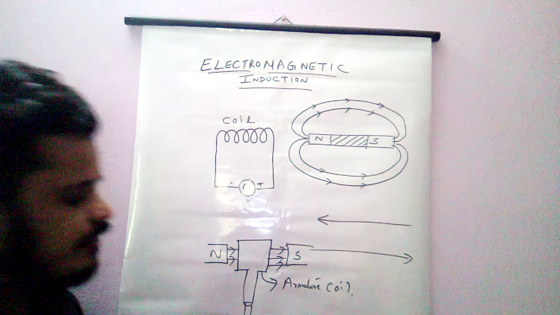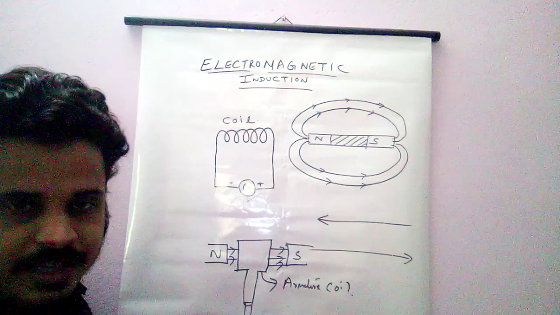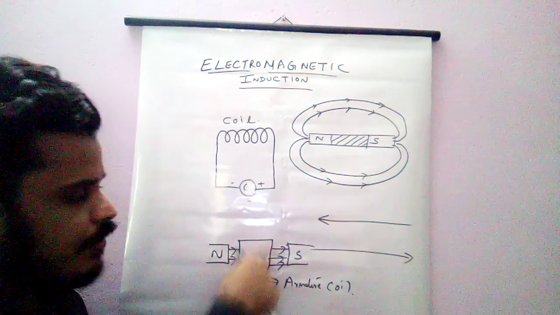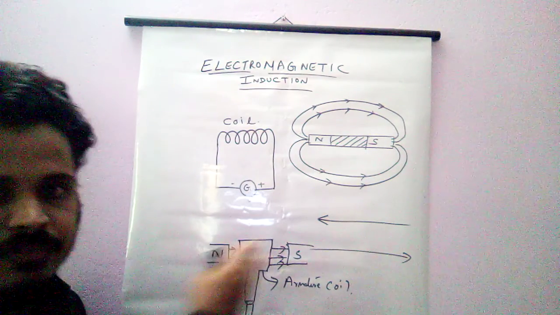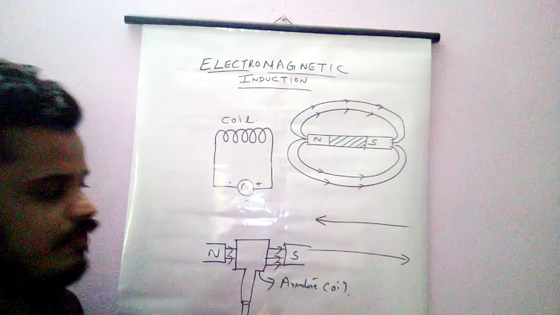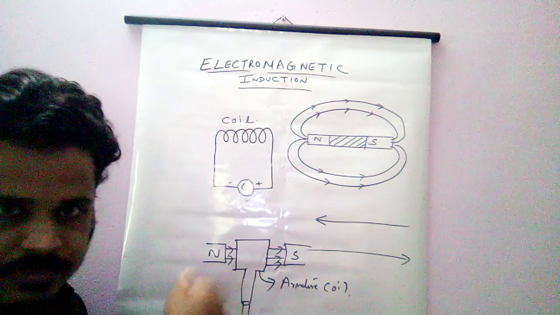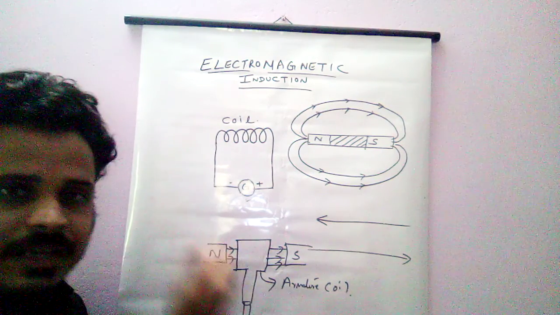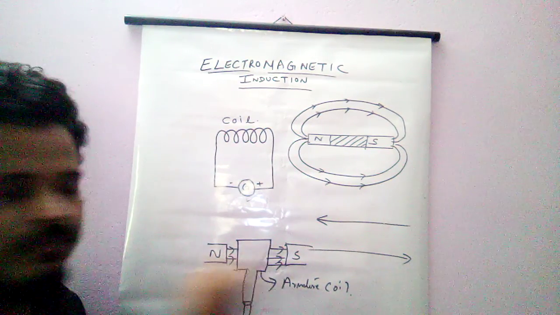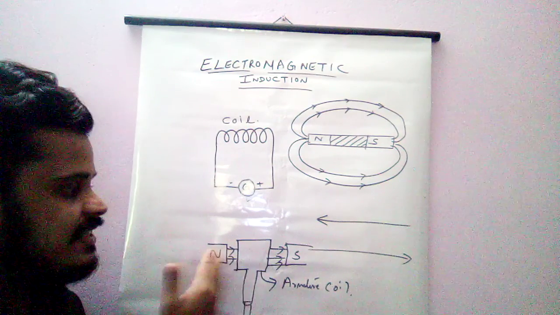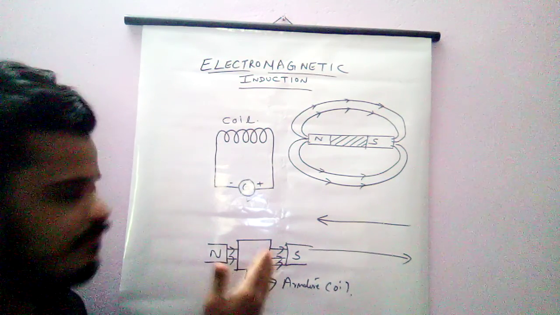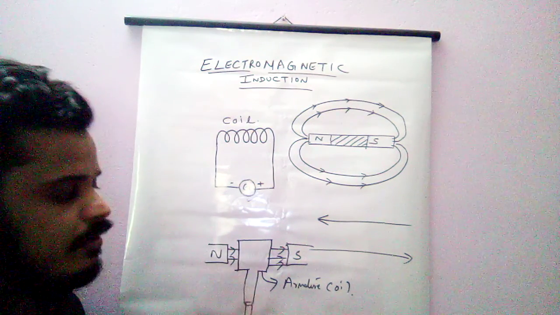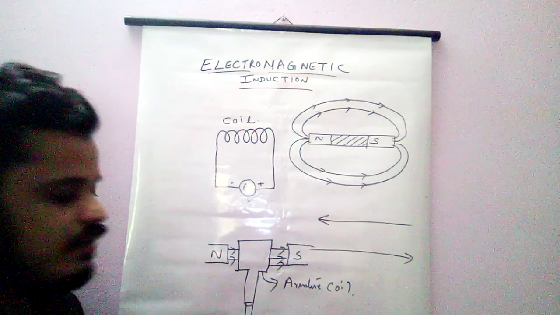So here we provide an external mechanical rotation, and because of this the armature coil linked with the magnetic field gets changed. This change in the magnetic field with respect to the armature coil will produce an EMF, and with this EMF a current is produced.